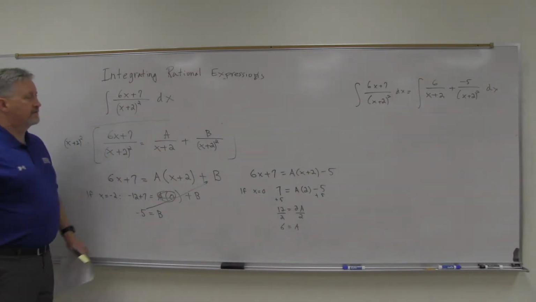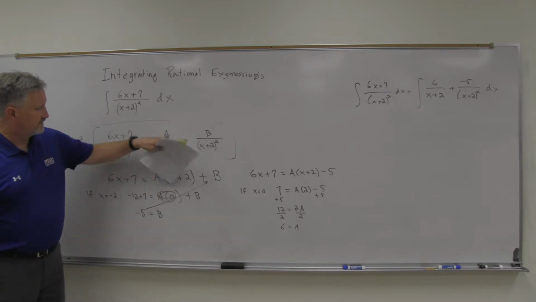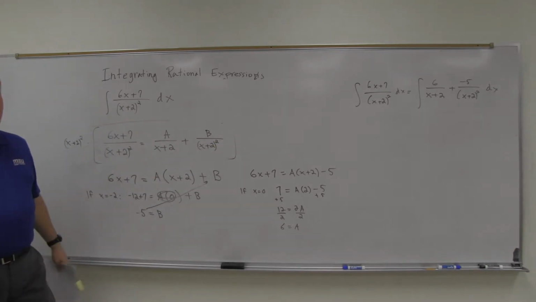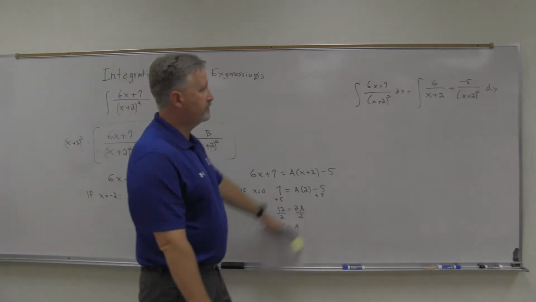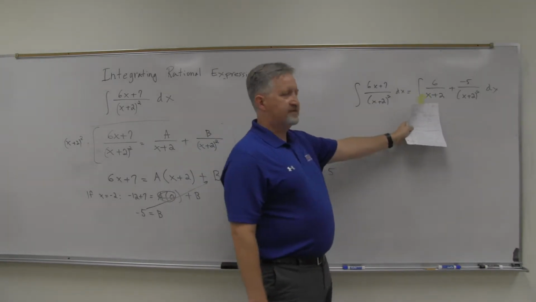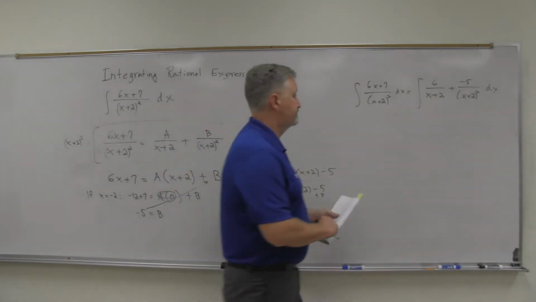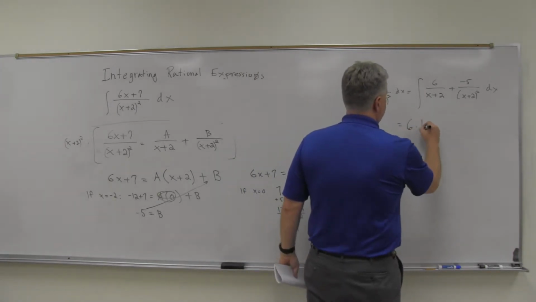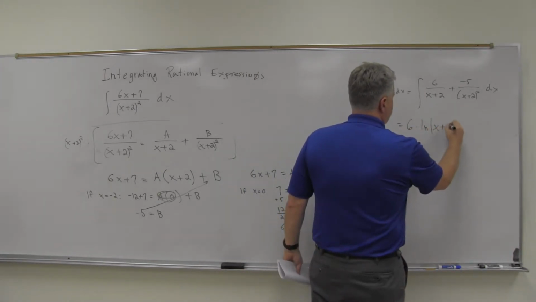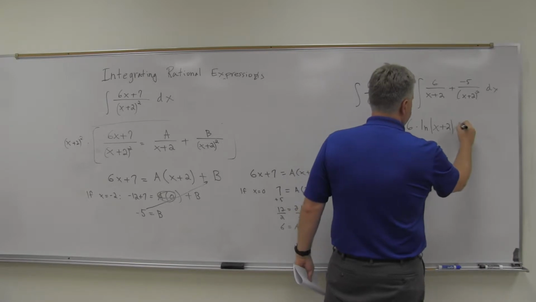That's what a is 6 and b is negative 5. So now that integral is that. Well, the first one is a simple ln: 6 times the ln of absolute value of x plus 2.